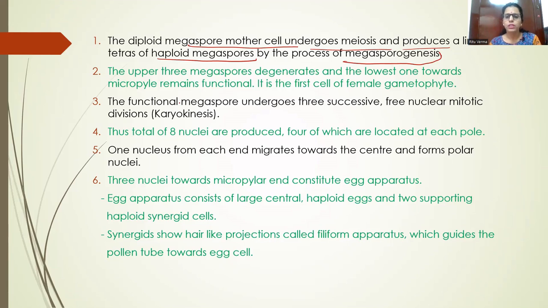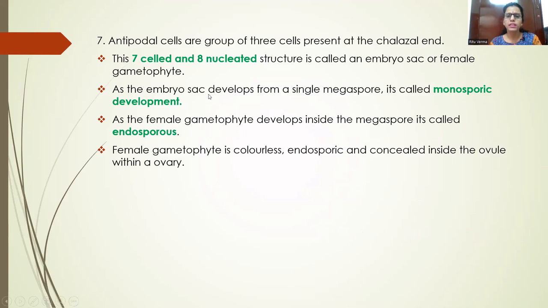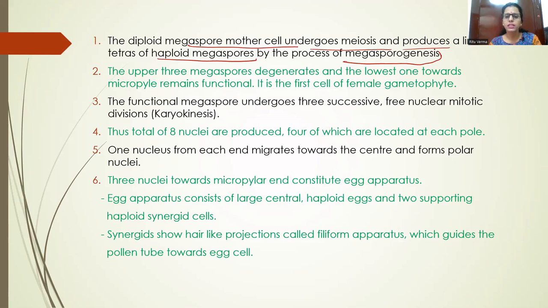Now, after megasporogenesis, the upper three megaspores, which are present towards the chalazal end, degenerate. One megaspore, which is present towards the micropyle, remains functional, and this megaspore is the first cell of the female gametophyte or embryo sac.